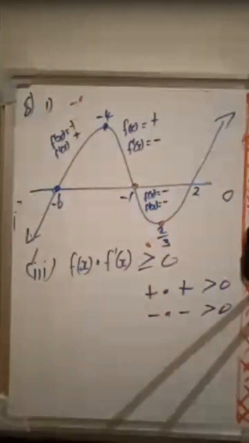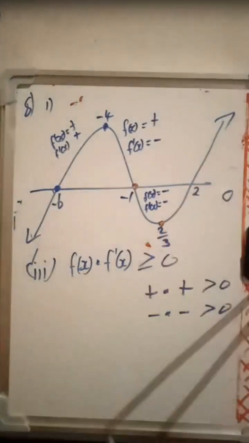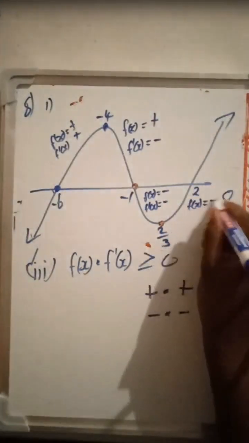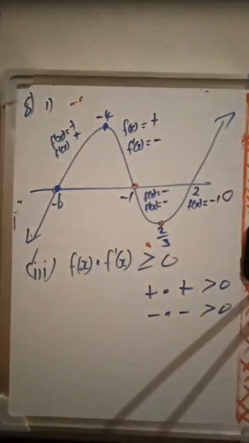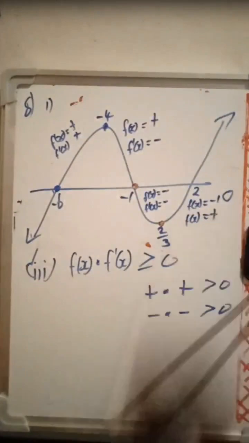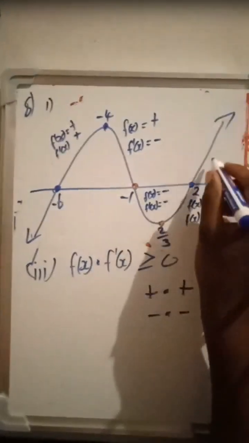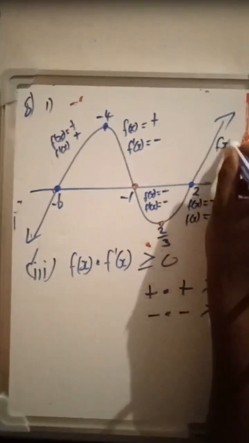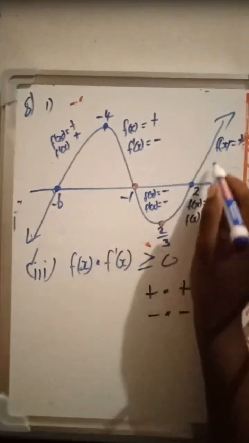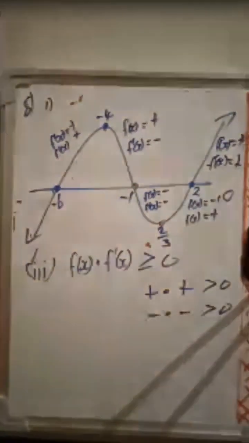But from that point to the other point, f of x is negative because it's still under the x line, but the gradient is positive. Then from here, going onwards, you can see that f of x is positive and also the gradient is positive. So the regions that we want, I'm going to mark it in red.